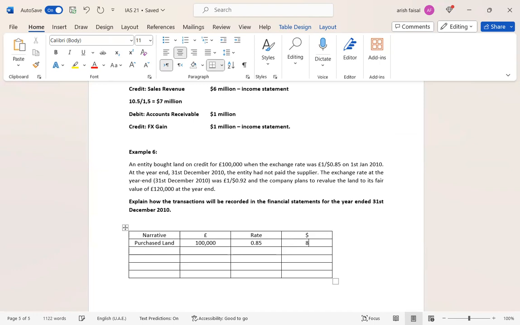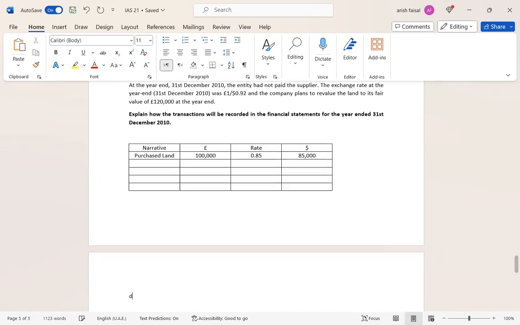So in dollars, it becomes $85,000. The initial entry: I'm going to say debit land with the amount of 85,000, and credit will be payable because you haven't paid for it. So 85,000 credit would be your payable.